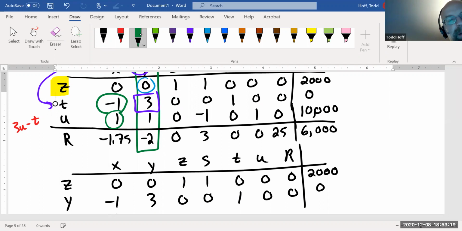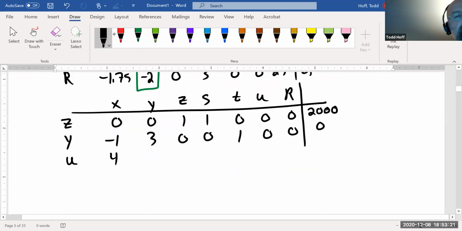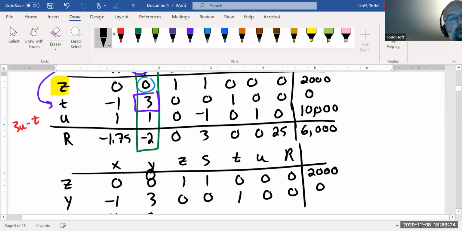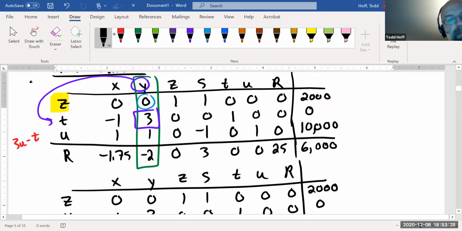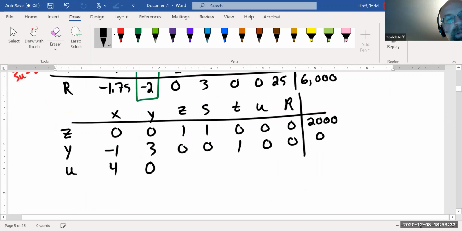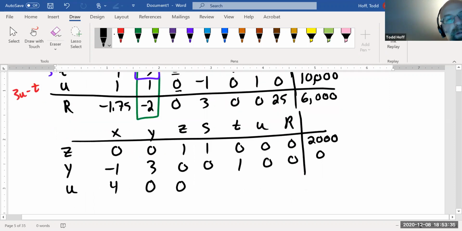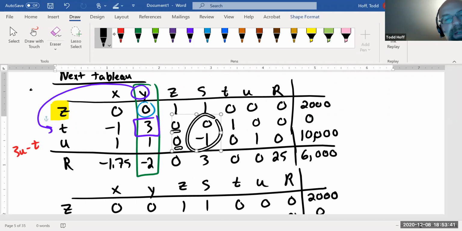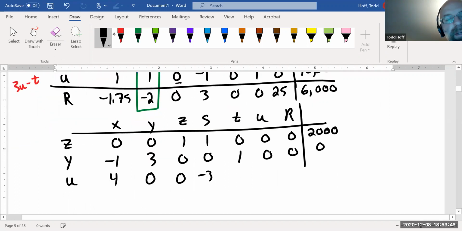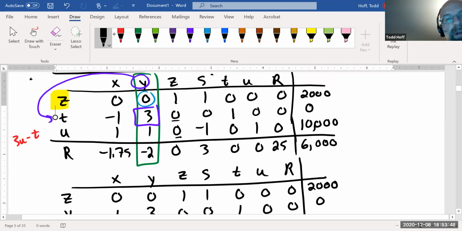That's what we wanted there. I have to have 0 in that column. Next we have 3 times 0 minus 0 is just 0. 3 times -1 minus 0 is just -3. 3 times 0 minus 1 is a -1.